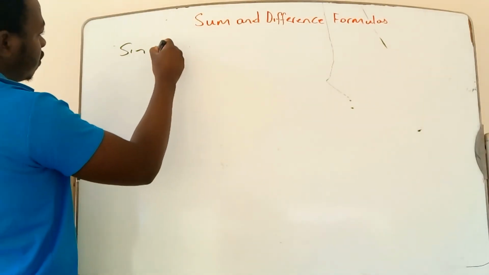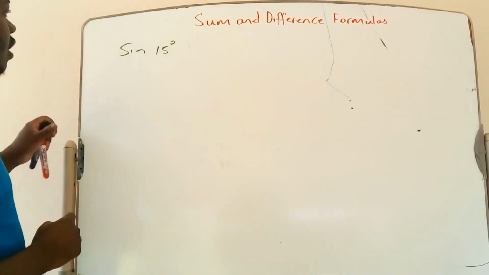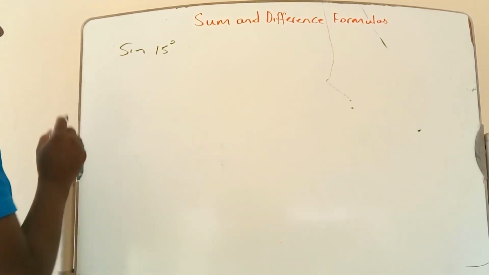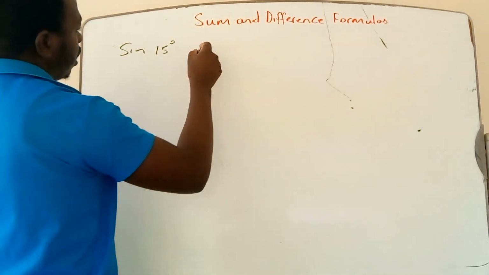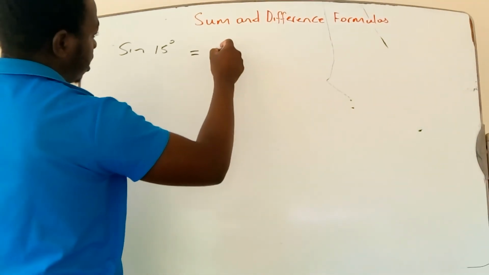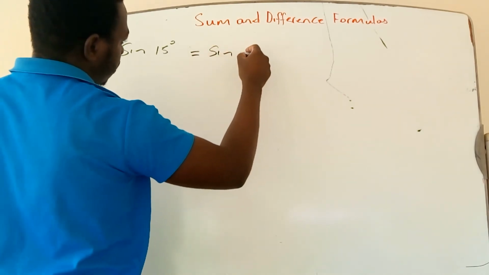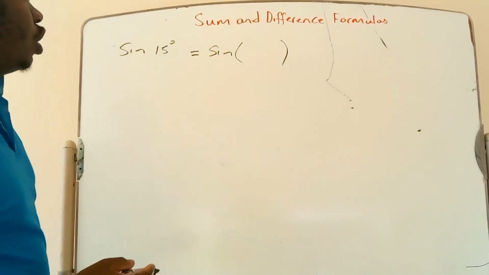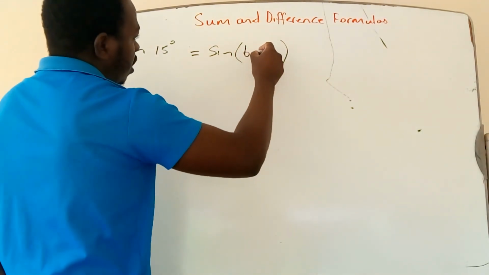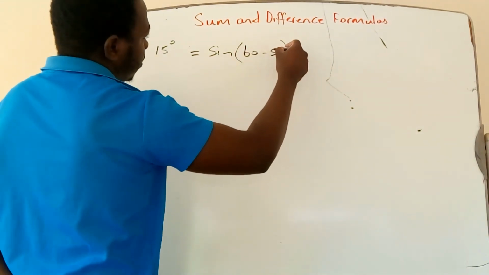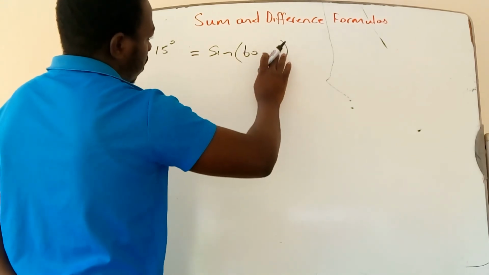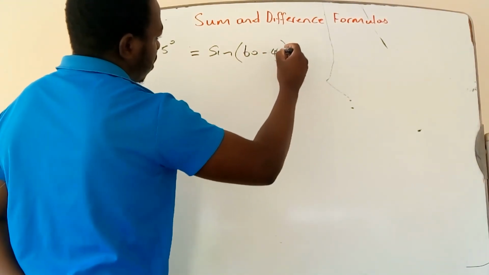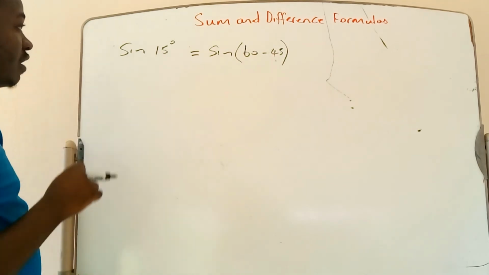Sine 15 degrees. And you're asked to calculate this without the use of a calculator. So simple. This is basically sine of a difference of 2 angles. Now we can use 60 minus 45, right? Because 60 minus 45, what's that?